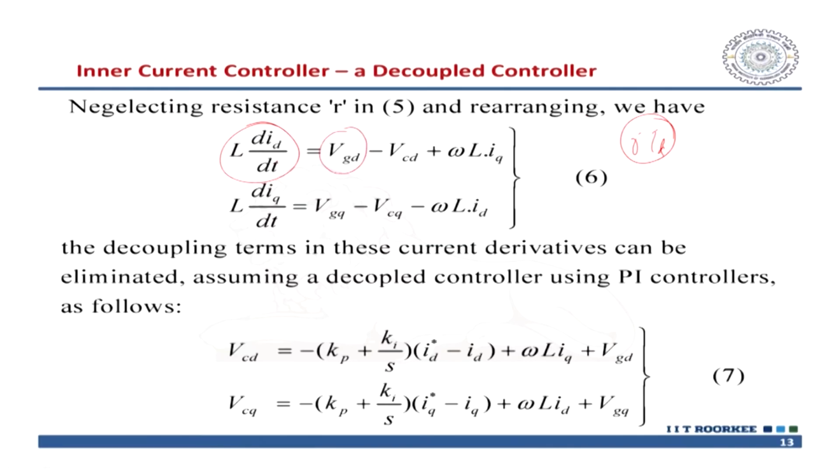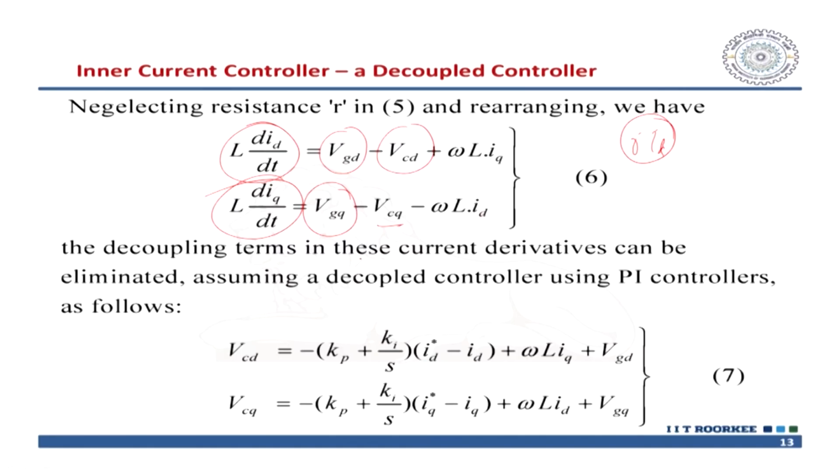So, you got Vd, the d axis component of the grid voltage, minus the d axis component of the converter voltage plus omega L Iq. Similarly, you have the q axis: the rate of change of the q axis current with the inductor equals the q axis component of the grid voltage, minus the q axis component of the converter voltage, minus omega L Id.